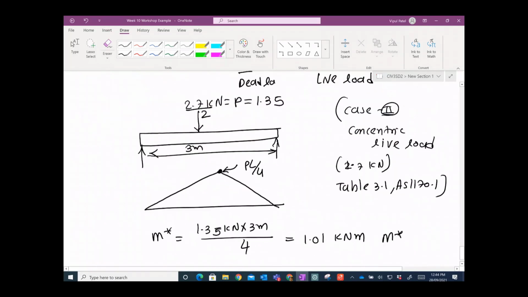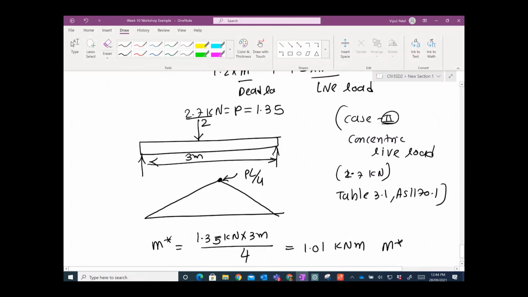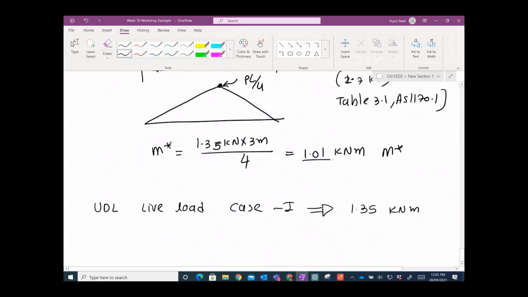The second live load, the point live load, live load case number 2, we got 1.01 kilonewton meters. Right, so far so good.